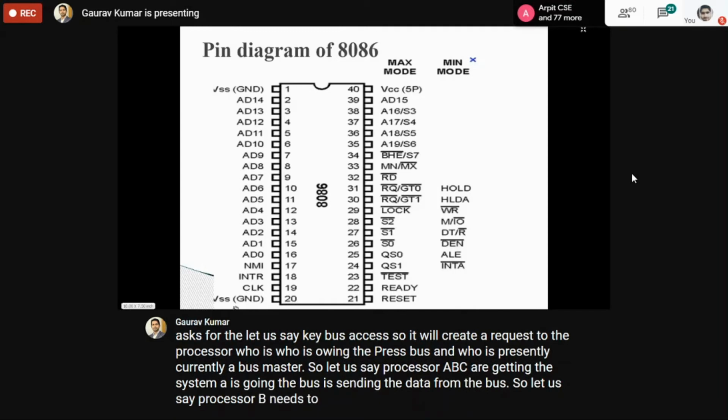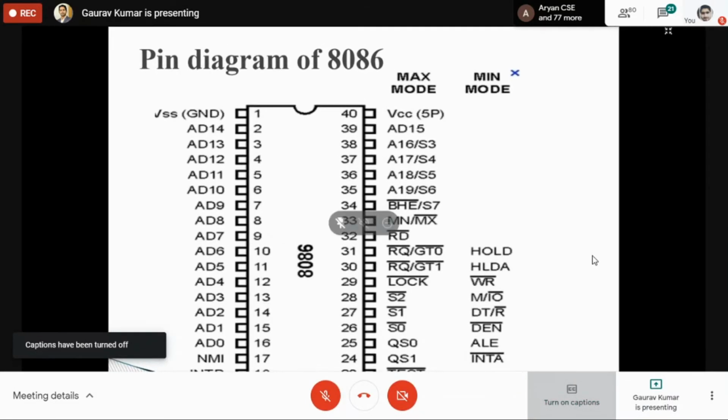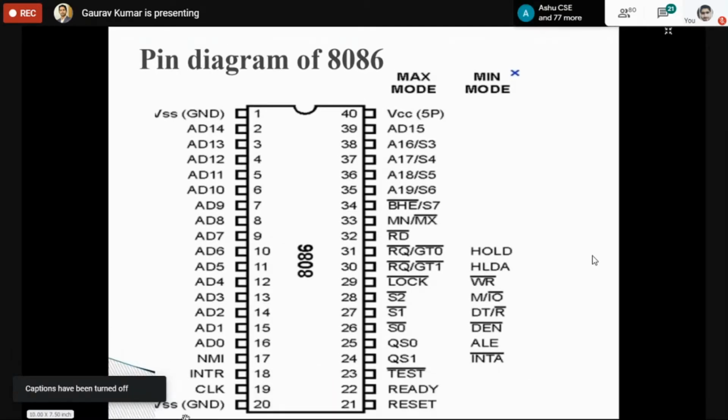So what you want is that if a bus request is created by another processor, the processor which is the owner of the bus should complete the task assigned to it. So you use a prefix in front of that instruction. That prefix is LOCK. You write that instruction in the software part, and if you have written that LOCK instruction in the software section, this 29th pin, LOCK, will be activated.